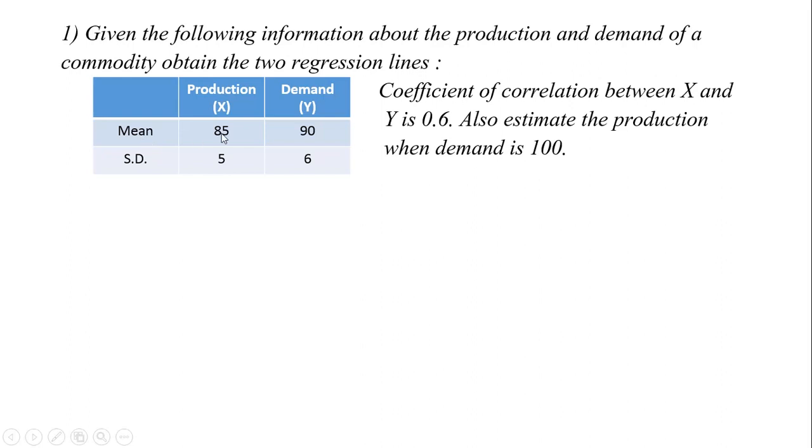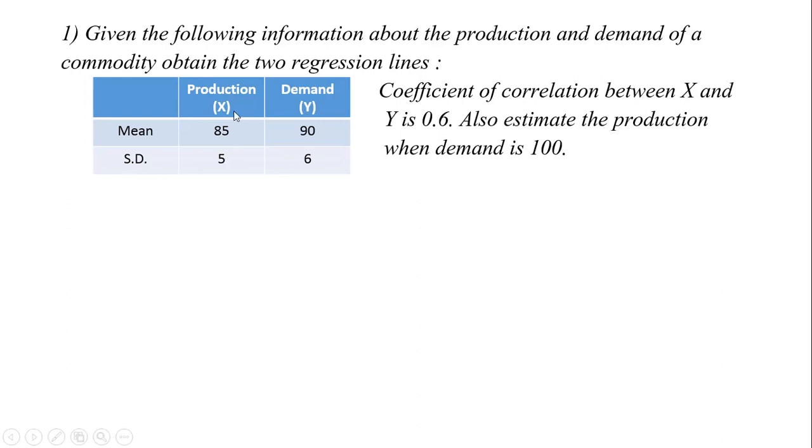Here means are 85 and 90, standard deviations are 5 and 6. So mean of production, that is mean of x, is 85, this value 85 is x bar. Now mean of demand, that is mean of y, is 90, so y bar is 90.